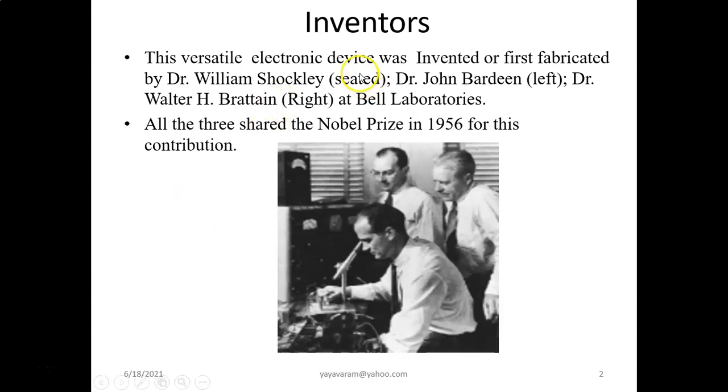This versatile electronic device was invented or first fabricated by three popular scientists, William Shockley, John Bardeen, and Brattain at Bell Laboratories. And of course, all the three people received the Nobel Prize in the year 1956 for this contribution. And I have shared the photograph for your reference also.